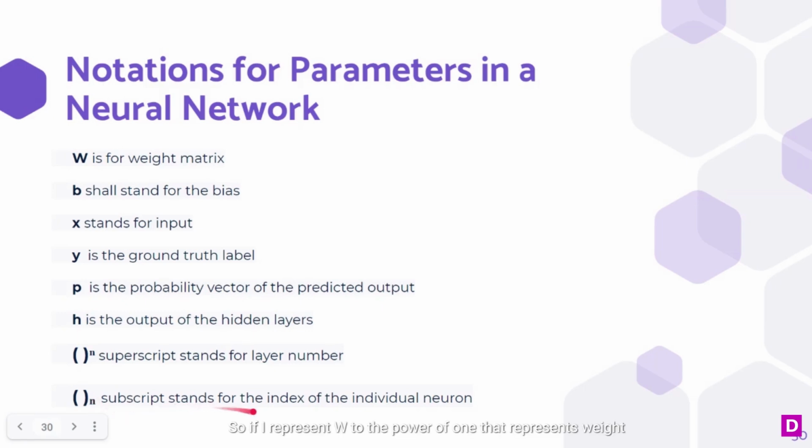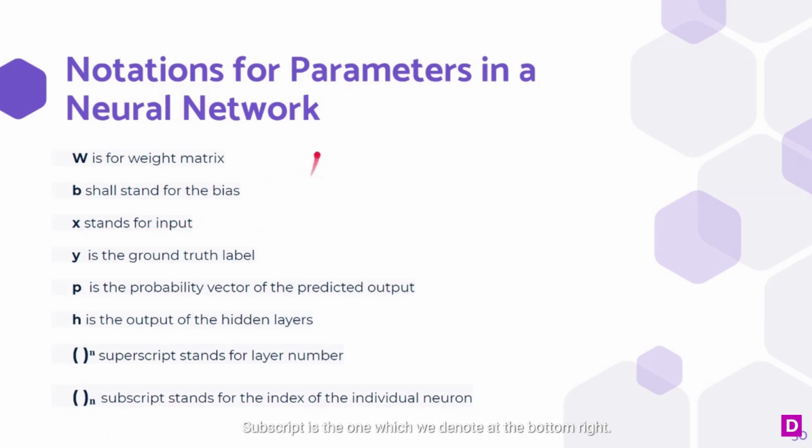If I represent W to the power of 1, that represents the weight associated with layer 1. If I represent B to the power of 1, then that represents the bias for layer 1. Similarly, if I superscript any of these with a number, that will be the representation for the particular layer. Then comes the subscript.